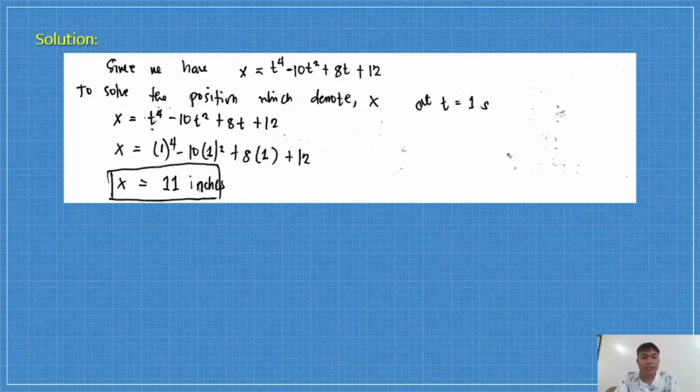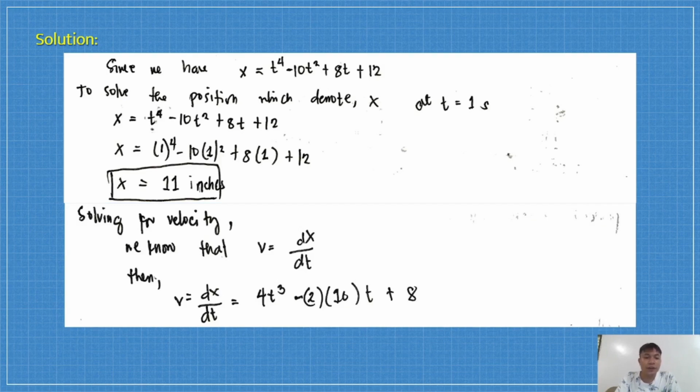So 11 inches. Now, solving for velocity, we know that the velocity is just the derivative of our position with respect to time. Since we need to differentiate this, you will recall the derivative.